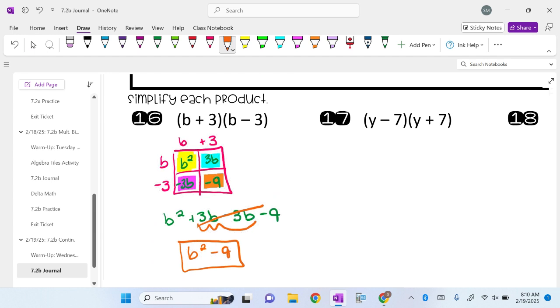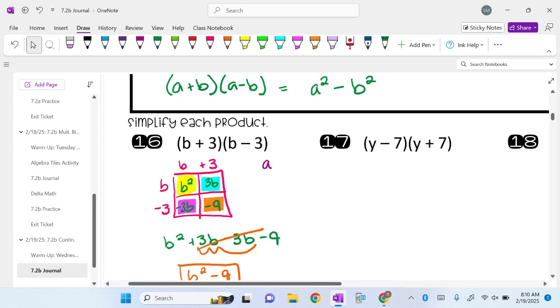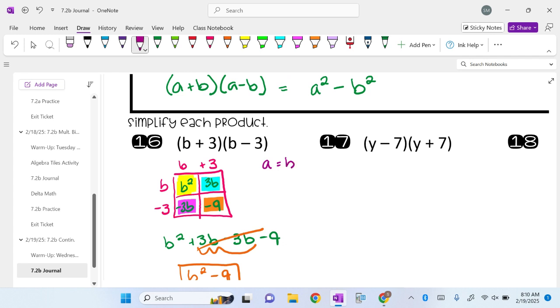which, if you look, is the exact same as the formula that we got. Because what would I say my a value is here if I'm looking at the formula? What's my A value? So your A value would be b. And your B value would be what? Ignore the signs. Just 3.